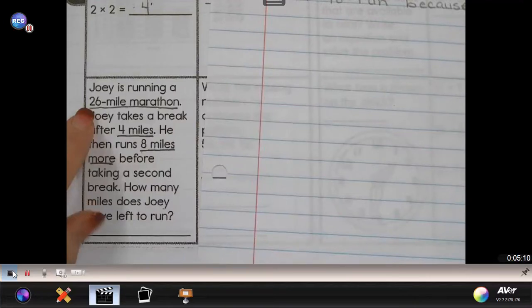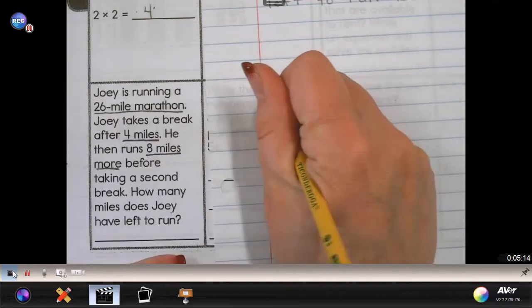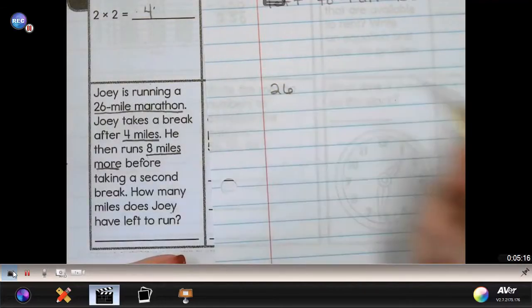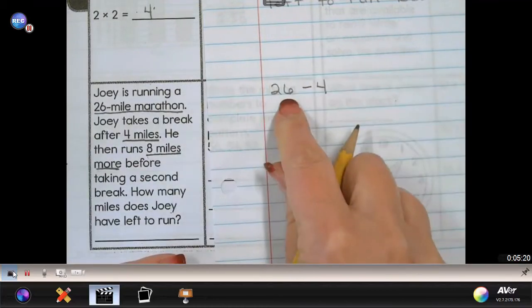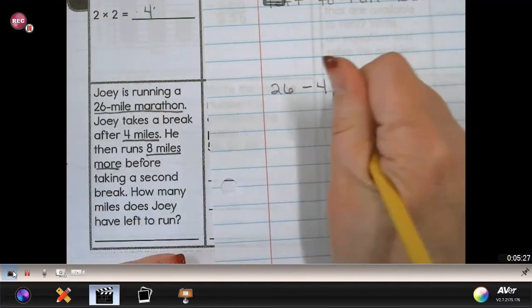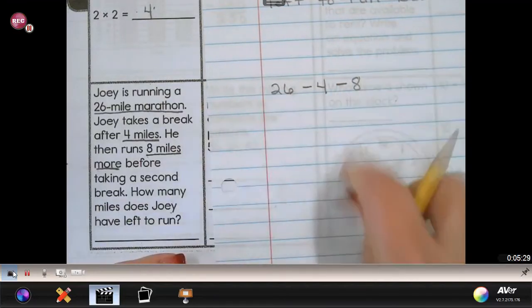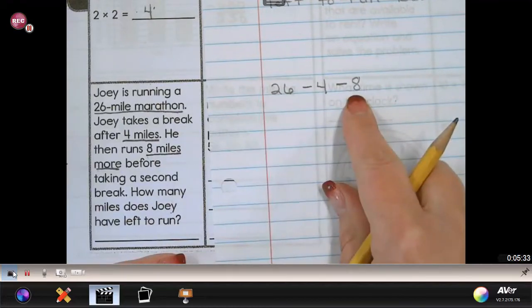He has some left. So we know that he started off, he's going to have 26 miles. He runs 4 miles, so that is going to be taken out of the 26 miles that he has to run. And we're also going to take out another 8 miles from this 26 miles that he ran for the second leg of his race.